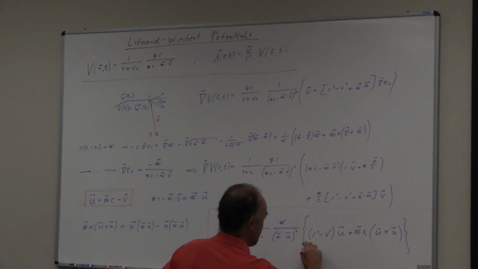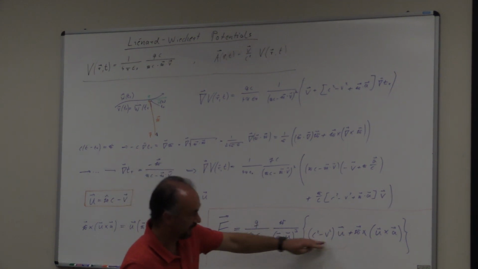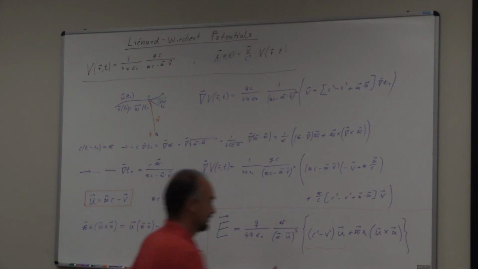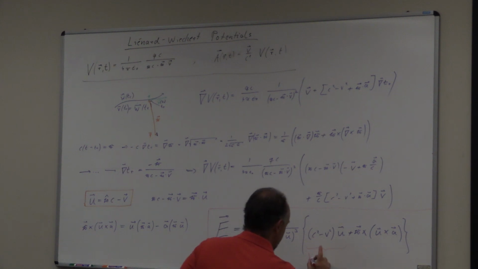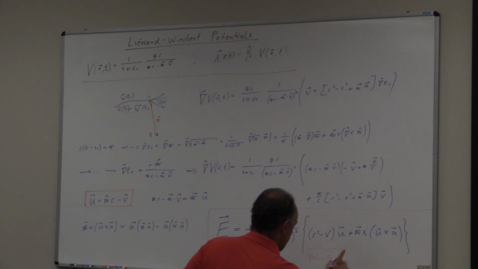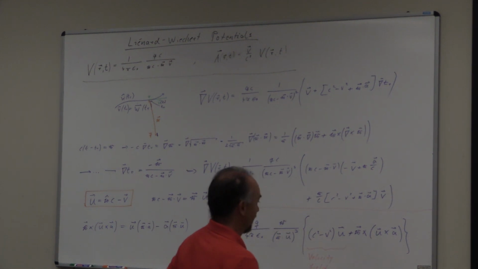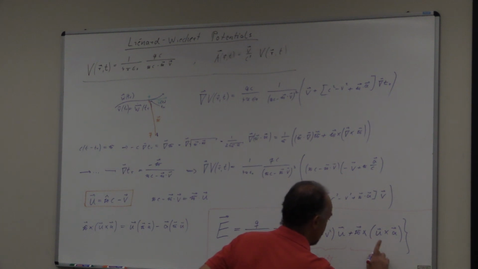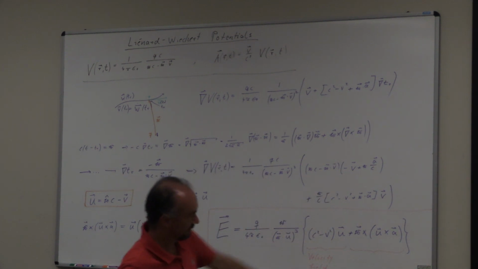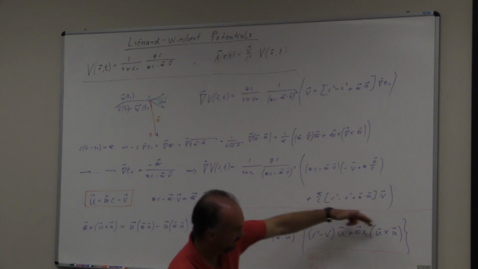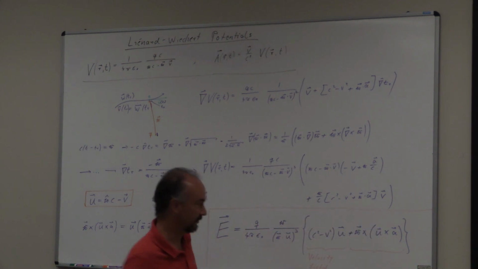So we have one term that only involves velocities, no accelerations. So this is the term that's typically called the velocity field. And then there's a second term here that involves length, velocities, and the acceleration.